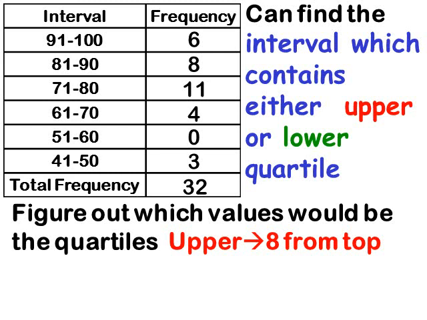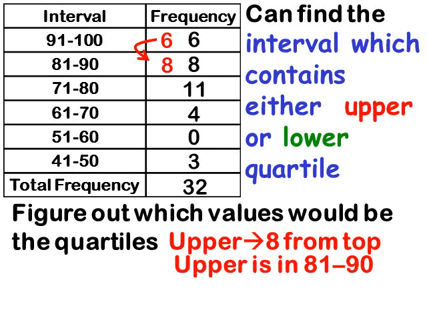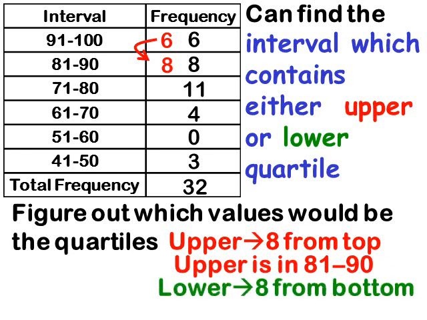So you're going to count 8 from the top interval. Our top interval here is 91 to 100. That contains 6 scores. That does not contain the 8th score, so you're going to have to move to the next interval, which is 81 to 90. So the upper quartile is in the 81 to 90 interval.